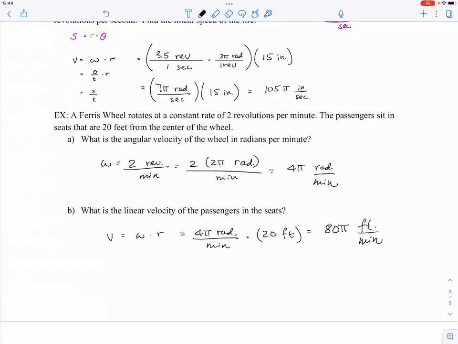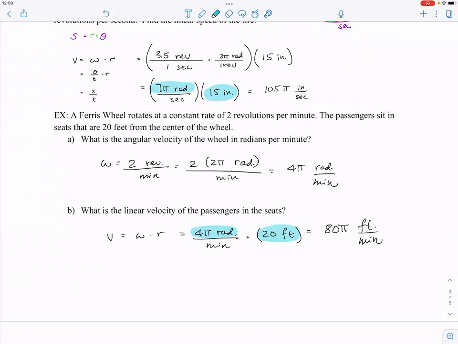Feet per minute. It's linear now. Okay. So as you are doing these calculations, I sincerely hope that you can see vividly how we have the r times theta right here. The r times theta to get you the linear distance.